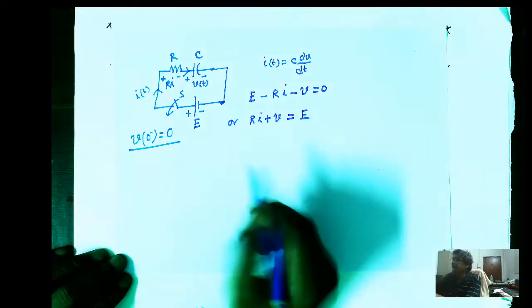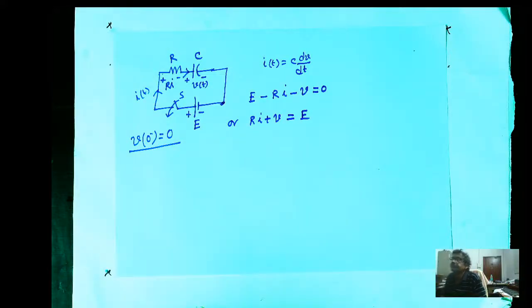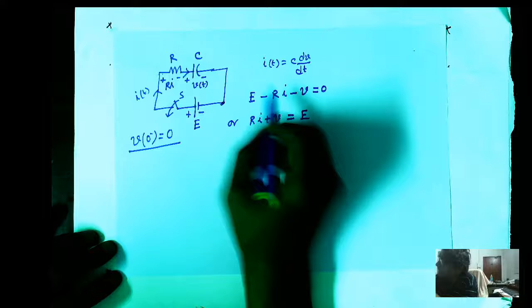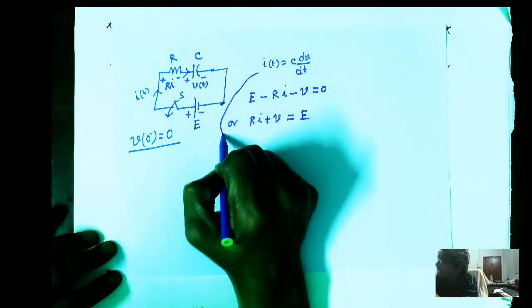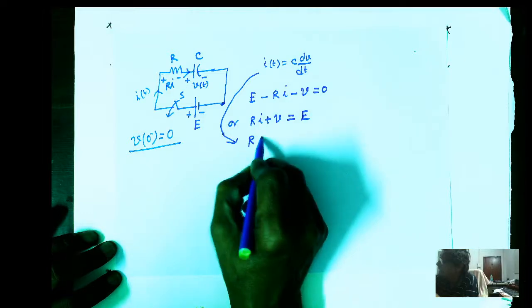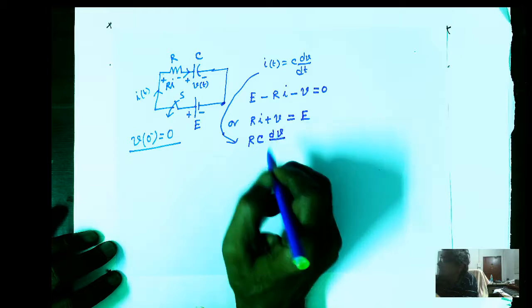Now there is one energy storing element, so it is expected I will get a first order linear differential equation. If there are two energy storing elements, then the order of the differential equation will become 2, and so on in general. Therefore, now I will use this equation and put it here so that it will become RC dV/dt, for I write C dV/dt.